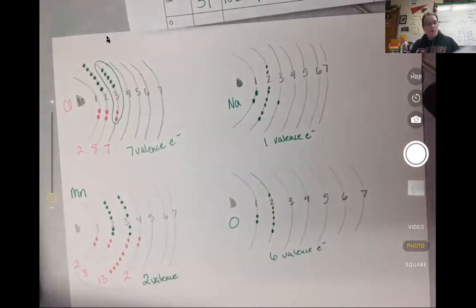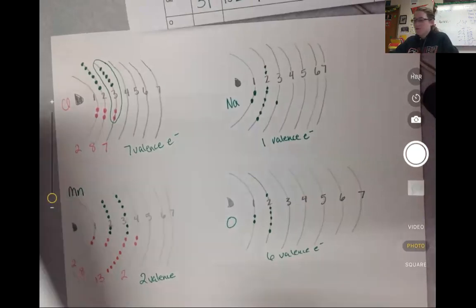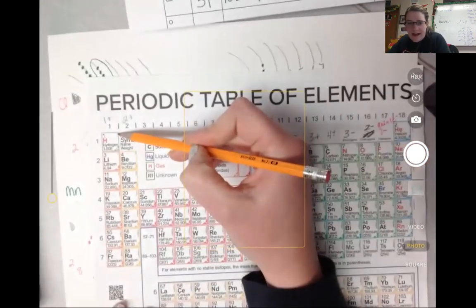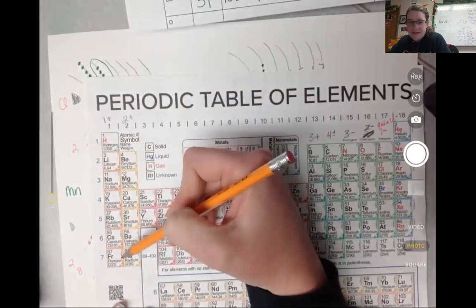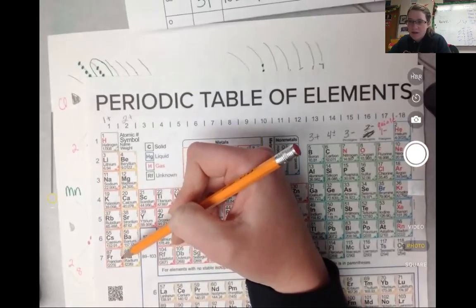All right, so why is this important, or why do we look at valence electrons? Well, valence electrons, we have seen, tie our elements together based on properties. One thing we should notice looking at our periodic table is that everything here in group 1 has 1 valence electron, because they all fill that highest energy level in the s with 1 electron.